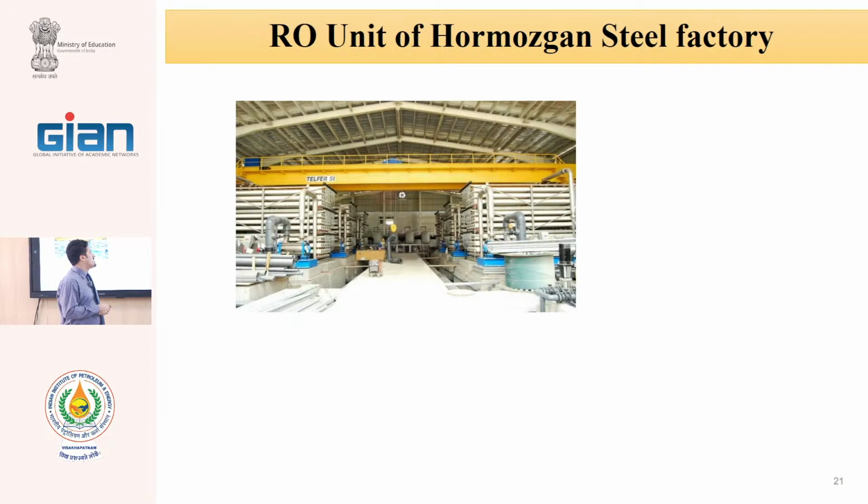Therefore, they need pure water, because the presence of calcium and magnesium can be a problem. And in Iran, there are also big RO units for producing water for steel factories.